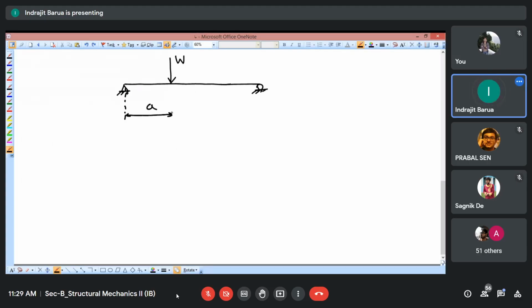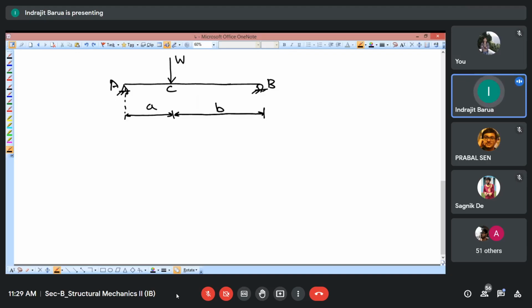This is A, this is B, and this is C. If this is a midpoint, that is a common case. That is also something we want to remember maybe. So this is one of the cases.